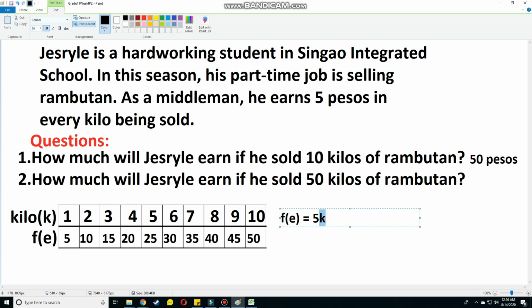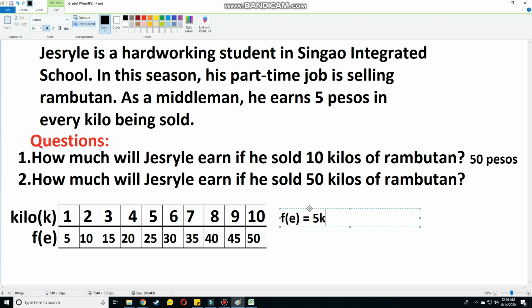This K here refers to the number of kilos being sold, and K here is our independent variable. F of E, or his total earnings, is our dependent variable. 5 now is the constant in our function, wherein 5 has its relationship regarding the earnings per kilo. So in every kilo he sold, he earns 5 pesos.